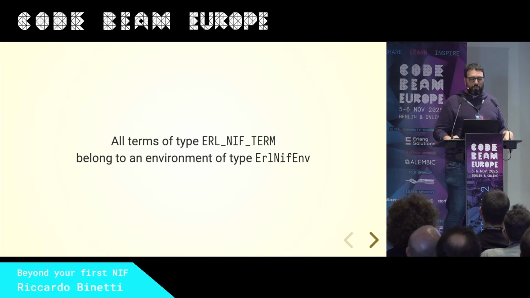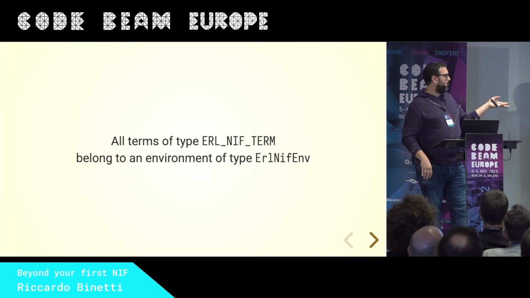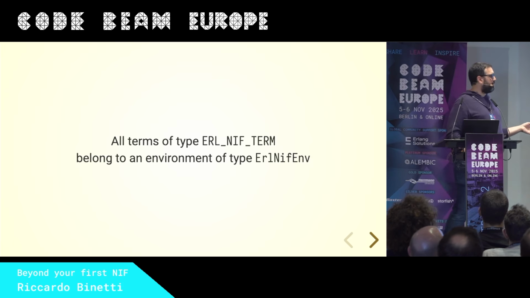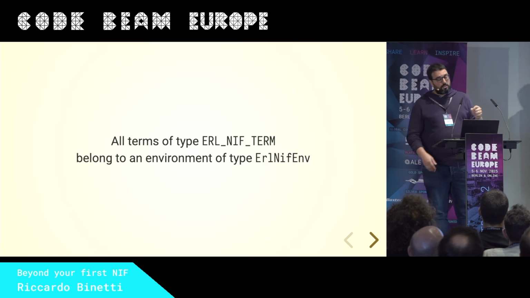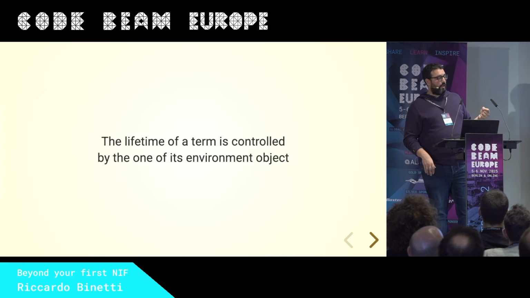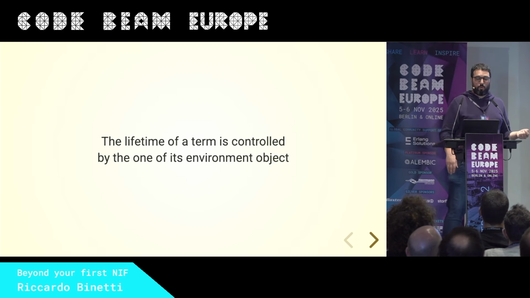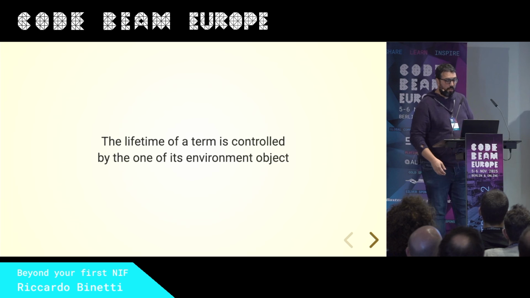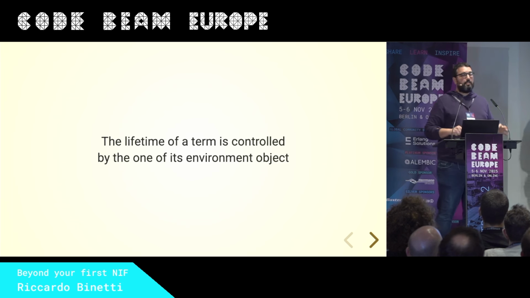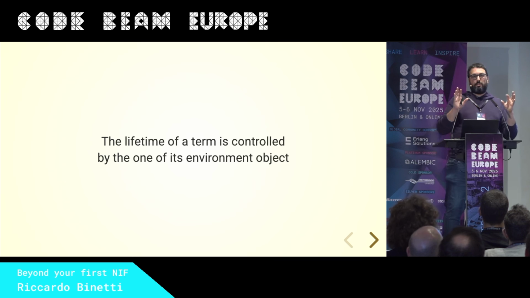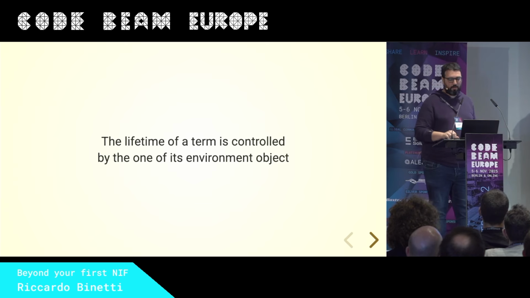All terms of type ErlNifTerm belong to an environment of type ErlNifEnv. And most importantly, the lifetime of a term is controlled by the one of its environment object. So this means that you have to be very careful when interacting between a term and its environment.